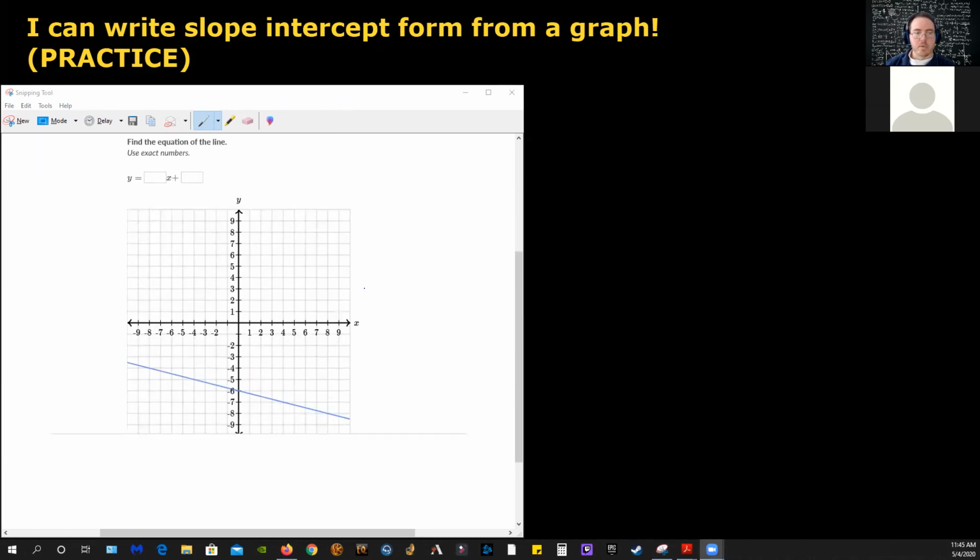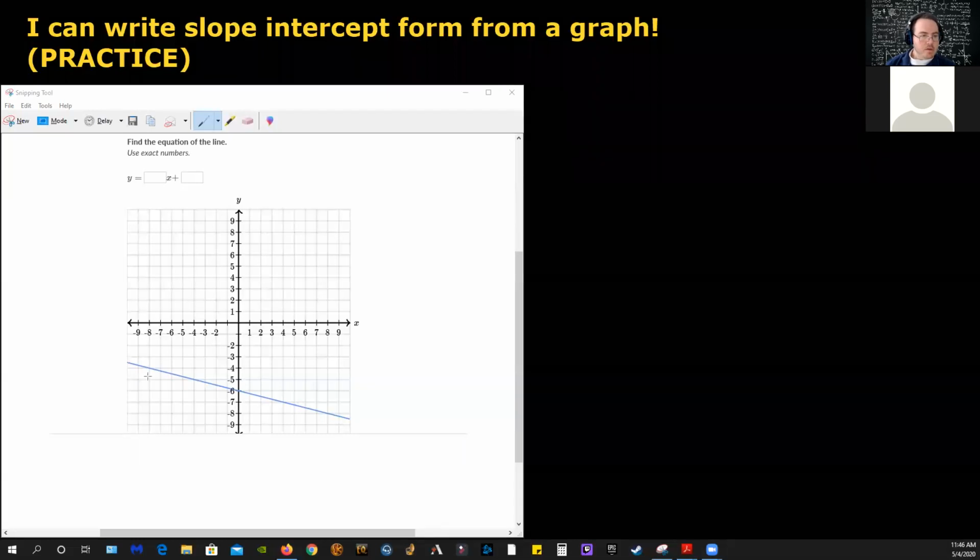Not letting me zoom in very much on that one. Anyway, so we need to find the y-intercept, and we need to find the slope. Just to make it a little bit easier to see, I'm going to put some pink dots where this blue line crisscrosses over coordinate pairs.